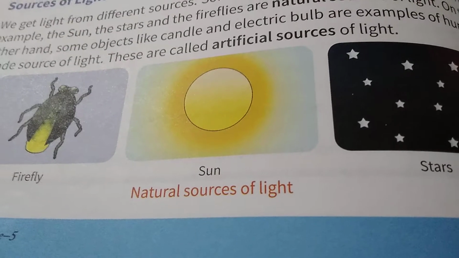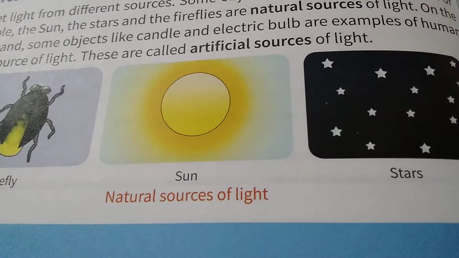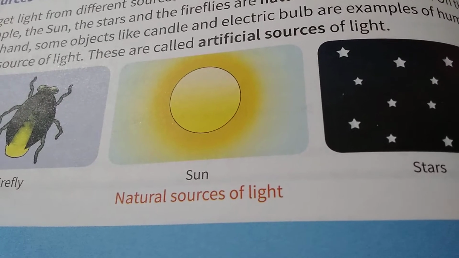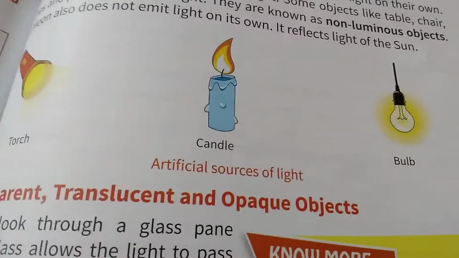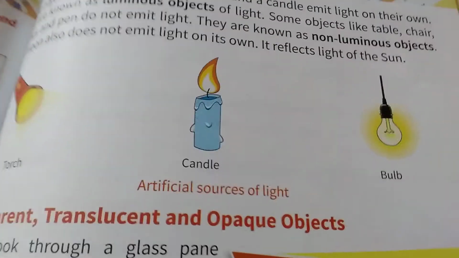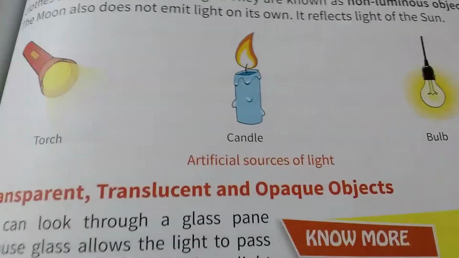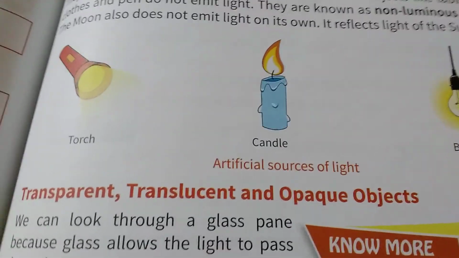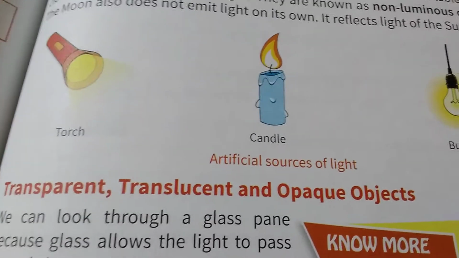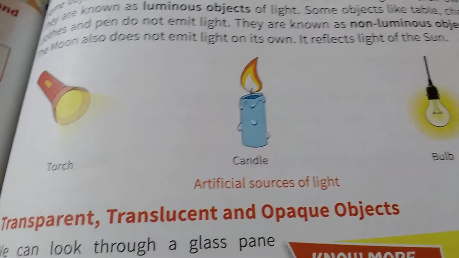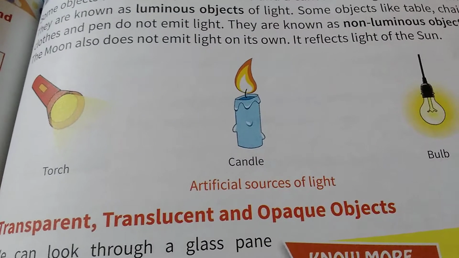These all are the natural sources of light. And some objects like candle, torch, or bulb are examples of human-made or man-made sources of light, also called artificial sources of light.